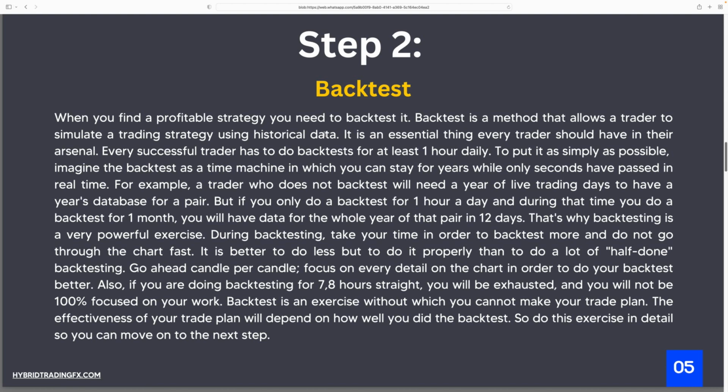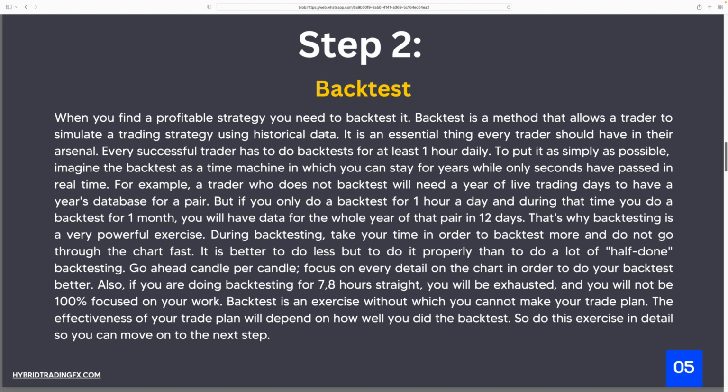We have on the left a trader who doesn't backtest, and we have a trader on the right who is doing the backtest. So let's say, for example, you're backtesting on 1 hour time frame, and we backtest 1 month in about an hour. If you're an advanced trader, it's going to be less for you to bar replay the month and backtest 1 whole month.